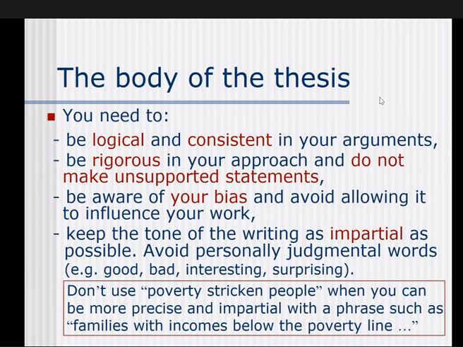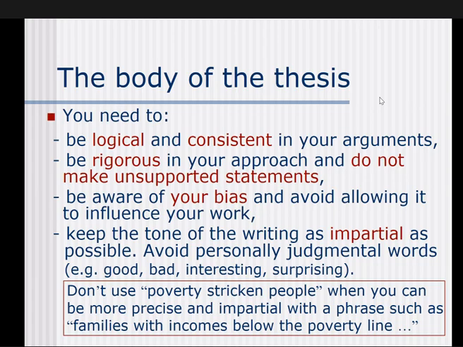Be aware of your bias and avoid allowing it to influence your work. Write independently without your bias influencing you. And keep the tone of the writing as impartial as possible. Avoid personal judgment.